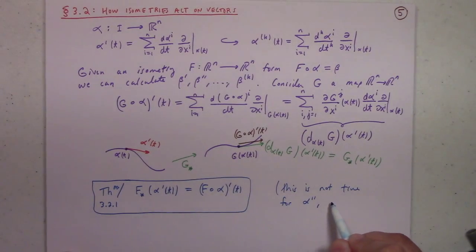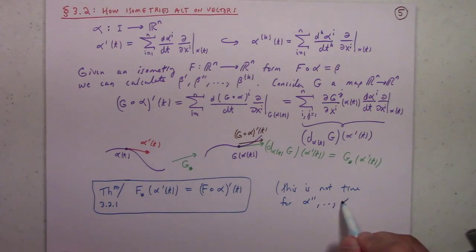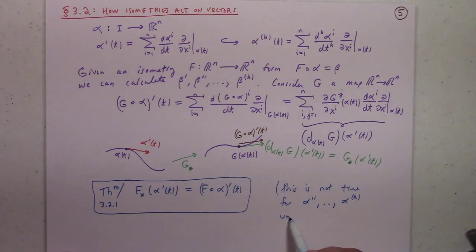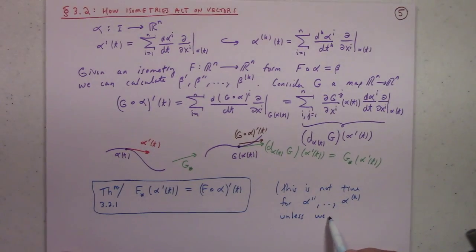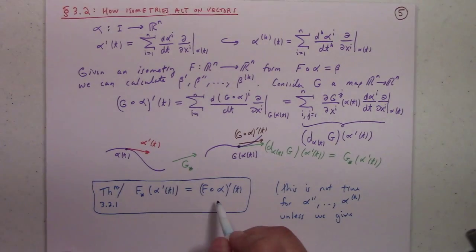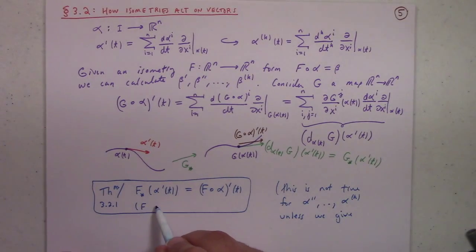For alpha prime prime and so forth, unless we give, so here f is just smooth.